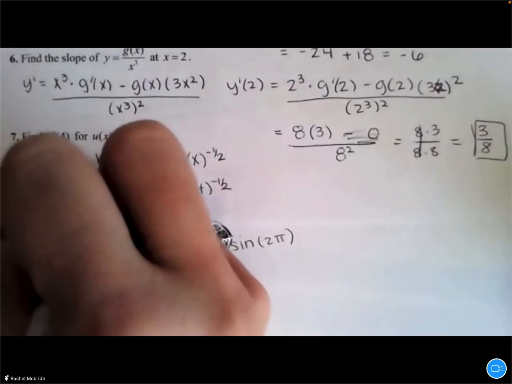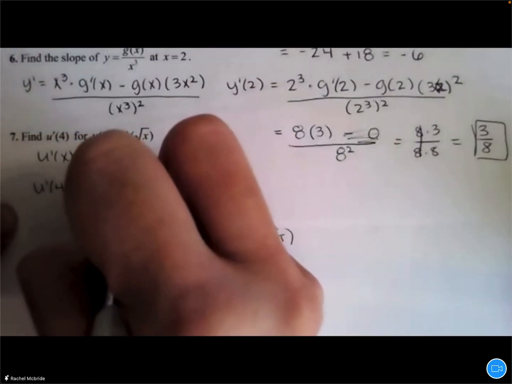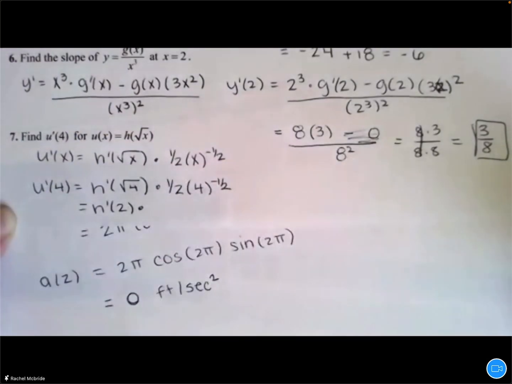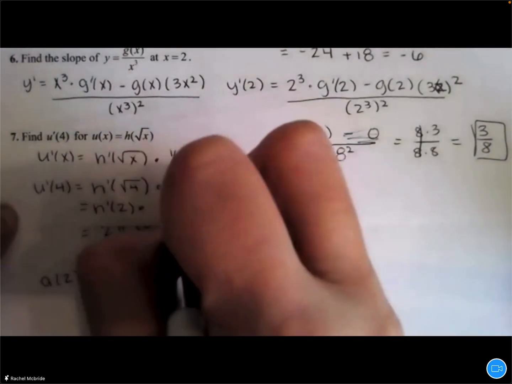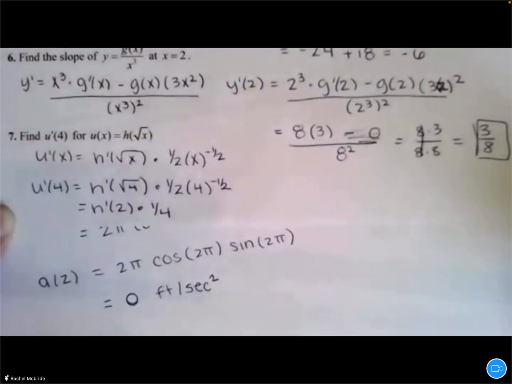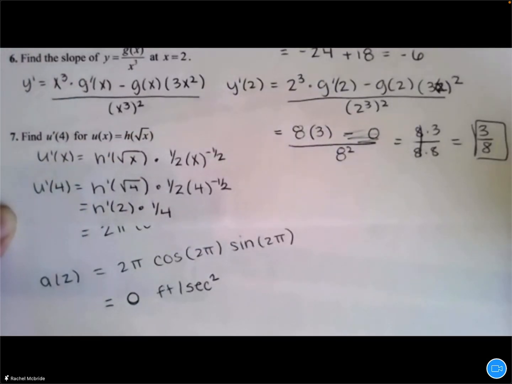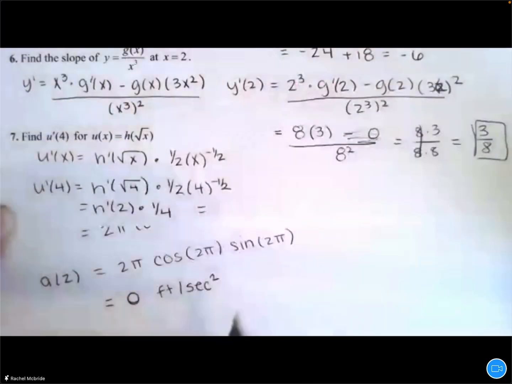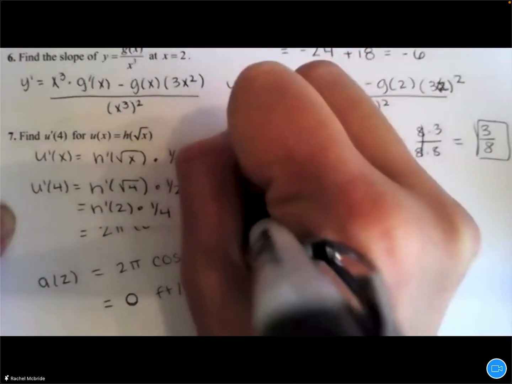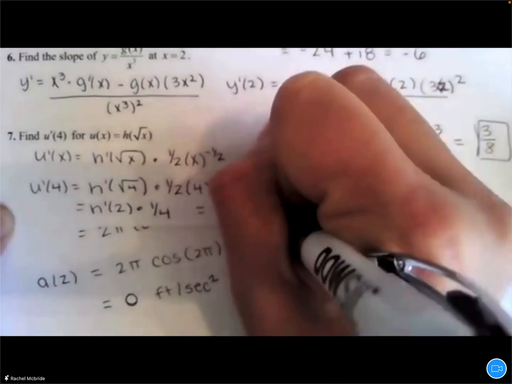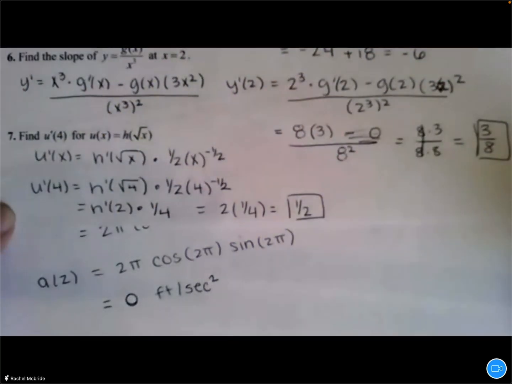So this becomes h prime of 2 times, and again we know the square root of 4 is 2, but that's a negative, so it makes it a 1/2 times a 1/2, which is a 1/4. H prime of 2 is 2. So we get 2 times a 4th, which is a 1/2.